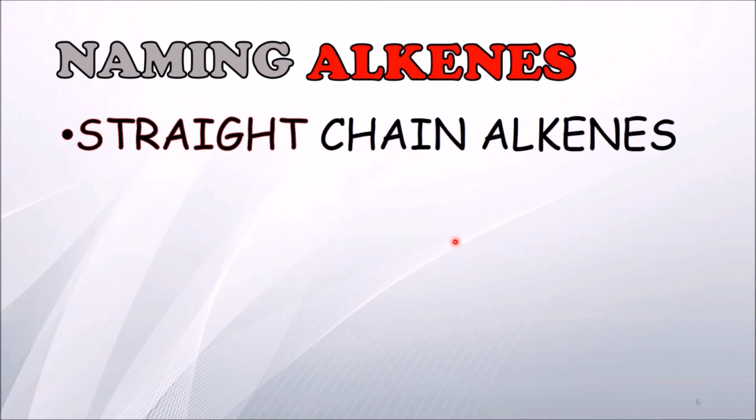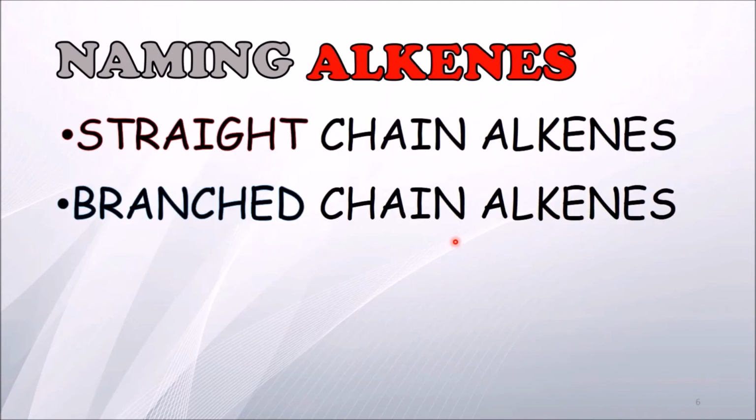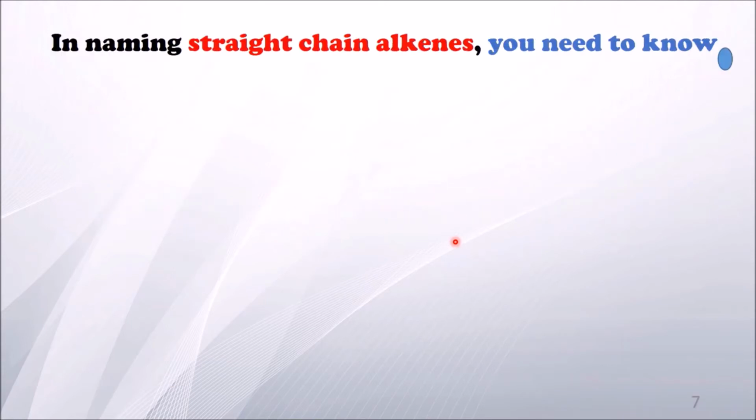Okay, so now you should know that we have straight chain alkenes and branched chain alkenes. But in this lesson we would name only straight chain alkenes. We'll be dealing with branched chain alkenes in later lessons.